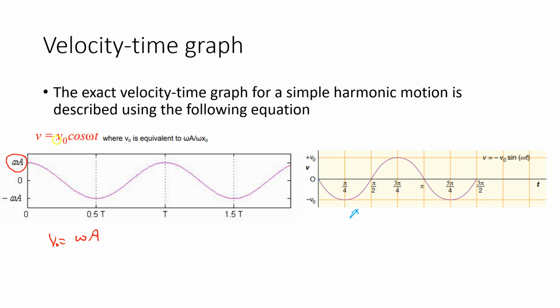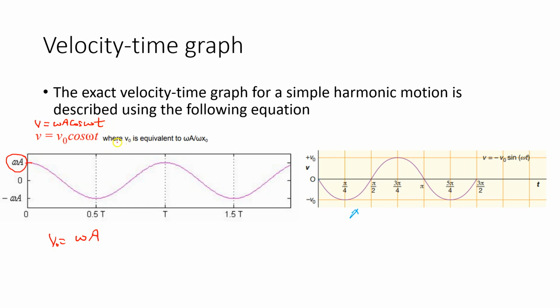Now, based on this equation, V naught would represent the maximum velocity. It's a cos graph, which means that it's going to begin right here. There's another type of graph. I want to point out that you could also see the equation as V is equal to omega times A cos omega t, where omega is the angular frequency or the angular velocity, times time.